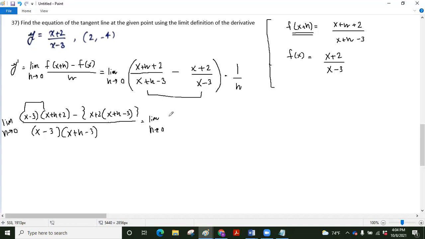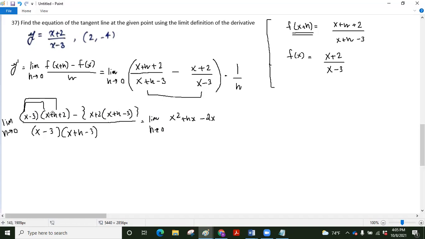So this will be x squared plus hx, because essentially what's happening is we do the first terms first, x squared, then plus hx, plus hx minus 2x.